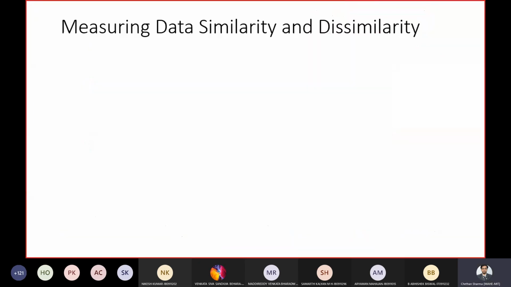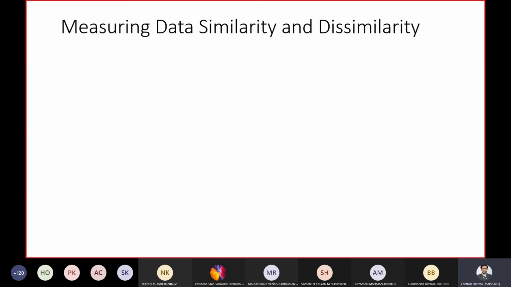So the next is measuring data similarity and dissimilarity. This is very, very important because the entire data mining algorithm depends on it. K-means is one algorithm, K-medoids is another. Again, in clustering algorithms and many such algorithms, you have to first find the distance between data.